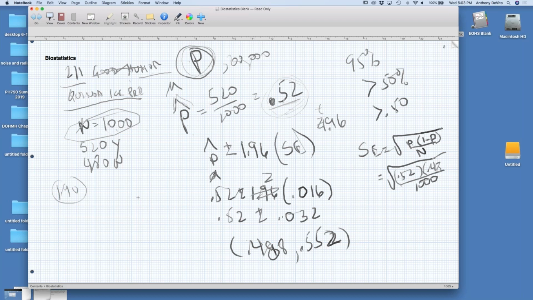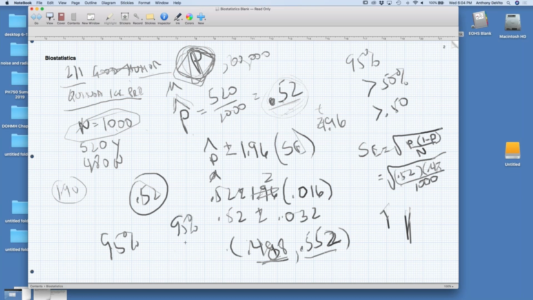So we may have gotten 0.52 as our proportion from our sample, but we're 95% certain that the true population proportion for all the people that are going to buy ice cream is between 48.8% and 55.2%. So, can I say with 95% certainty that my true population proportion is bigger than 50%?